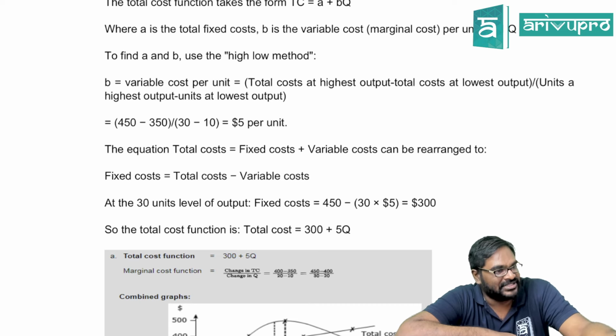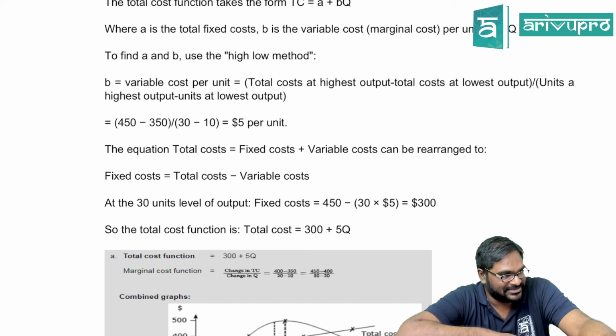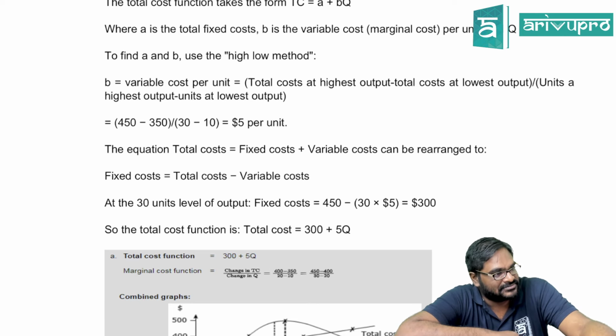So now we know the fixed cost and the variable cost. Now we can go for the total cost function again. Since it's a linear one, it should be the same.